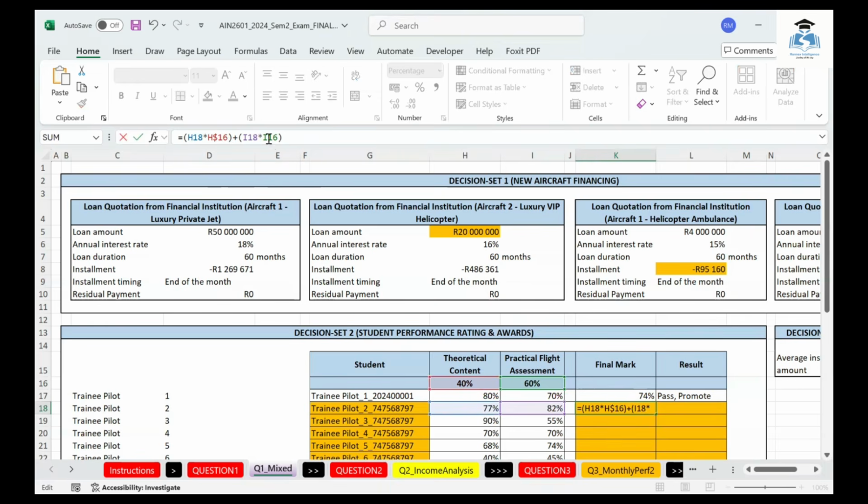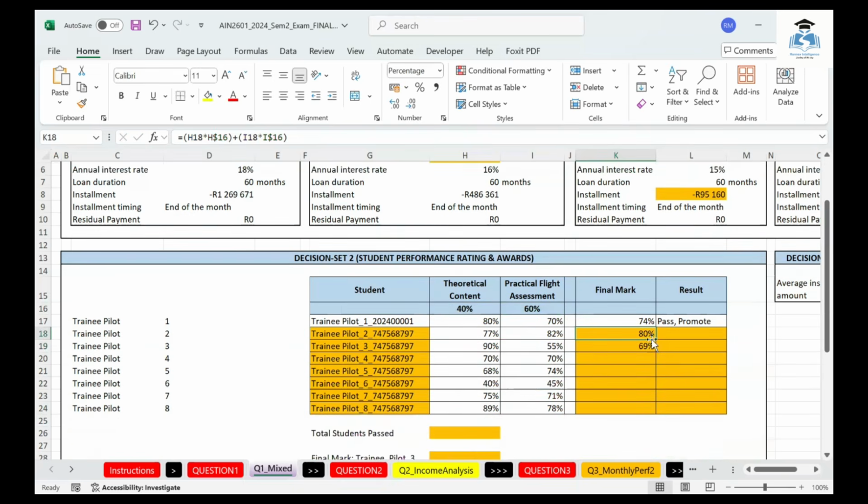Then for my I16, I'll put my $ sign in front. Then you confirm. Now I'm getting 69. I'll go back again on this one and check. Now it's perfect. You don't have any issue, because now it's calculating this times this, this times this. Even if I drag now, I don't have any problem.